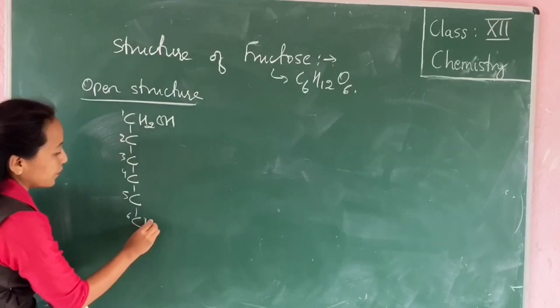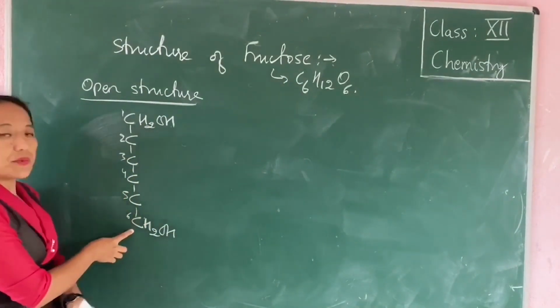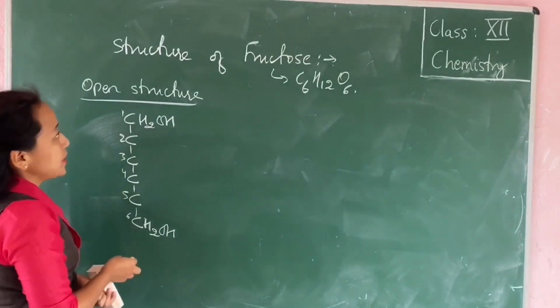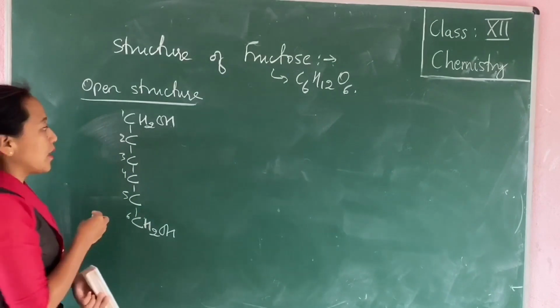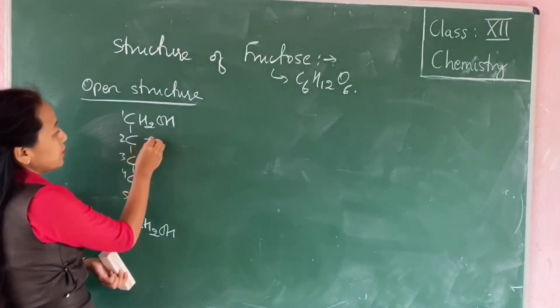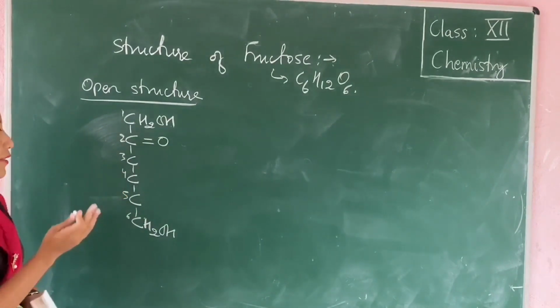In the case of glucose, you have aldehyde on the first carbon and primary alcohol on the sixth carbon atom. Whereas in the case of fructose, you have primary alcohol on both the first and the sixth carbon atoms, and the second carbon atom bears the carbonyl group. Then you have to arrange the OH and the hydrogen.